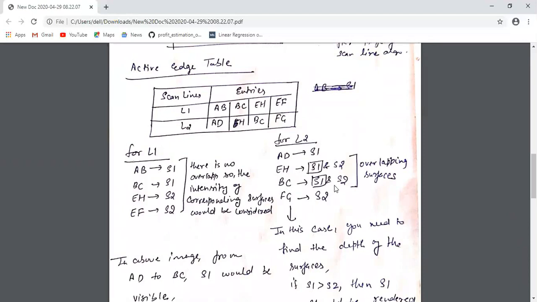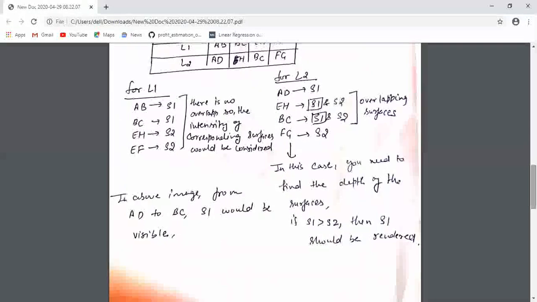So this is the situation where we have to calculate whether the surface S1 or S2 is closer to the projection plane. In this case you need to find out the depth of the surfaces. For all the pixels belonging to S1, we calculate the Z value, the depth values of surfaces.